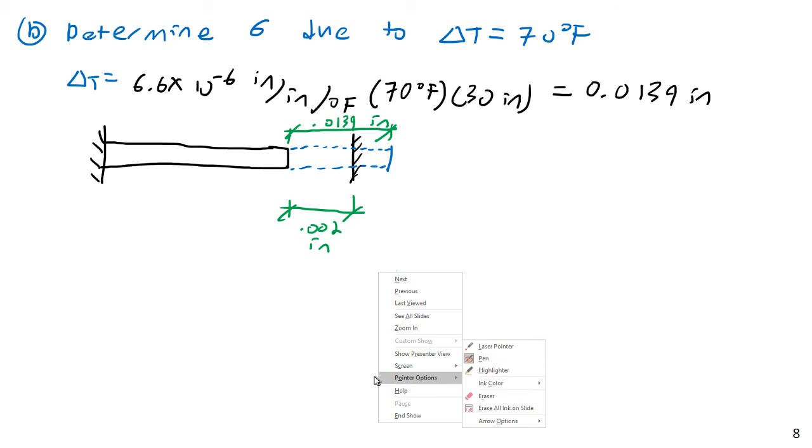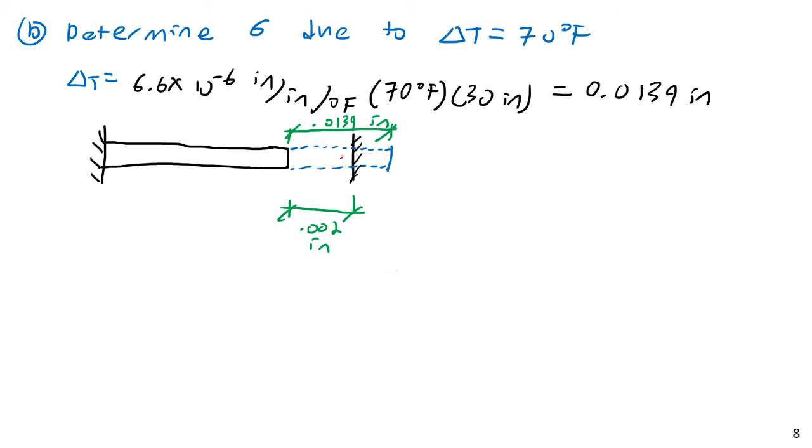But this cannot be. We are going up against an immovable object. We will not be able to expand that far. So instead, it's going to be forced backward. And in order to calculate that, imagine an external axial force coming along and forcing this expanded rod back to a displaced length of 0.002 inches.